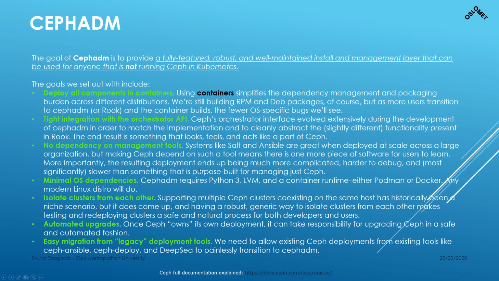There is also a comprehensive manual for the Ceph admin, and also in the official documentation there is a lot about this. But when you run the script, if you run help, it will show you a lot of things about how you can run Ceph with Cephadm.